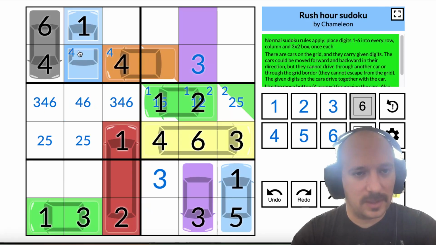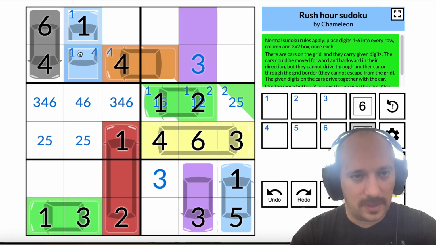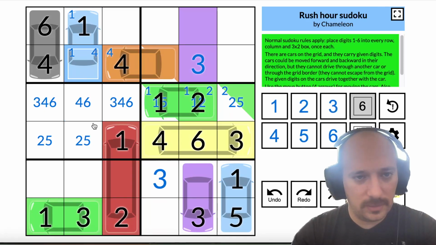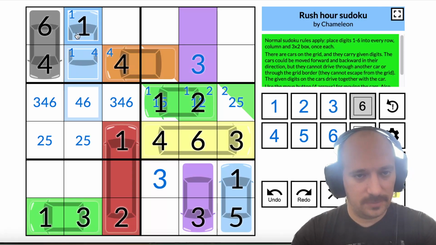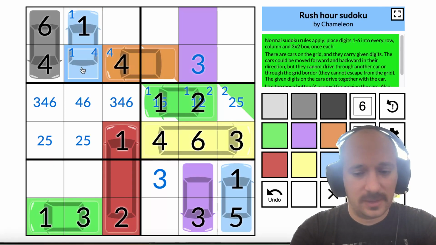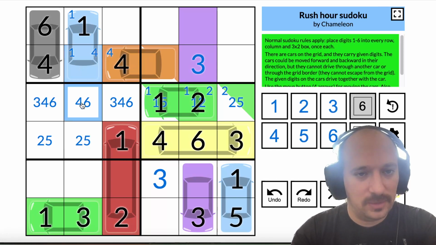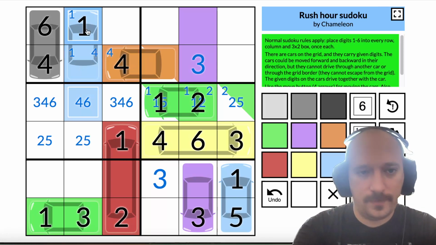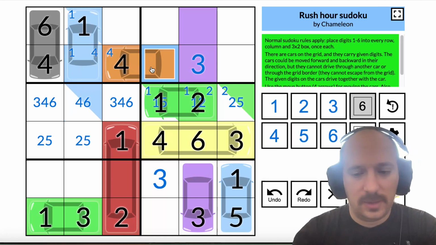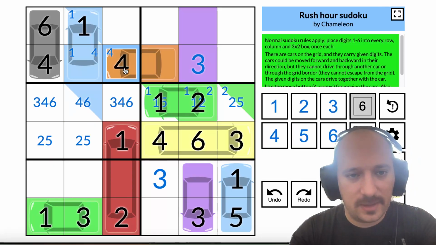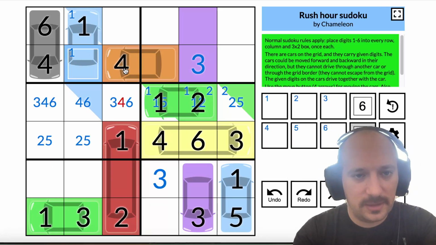Here we go, and we have ones here just by sudoku, which means that there are 2 possible places for this car, which actually means that this one's always blue. So we know the exact placement of the orange car. It's here.